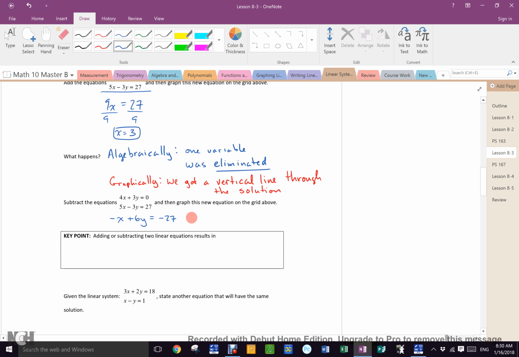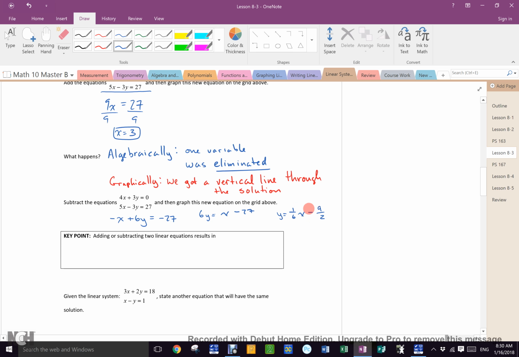We're going to move the x. 6y equals x minus 27. Then we're going to divide by 6 and get y equals 1/6 x minus 27 over 6, which is a little weird, right? It's 9 halves.